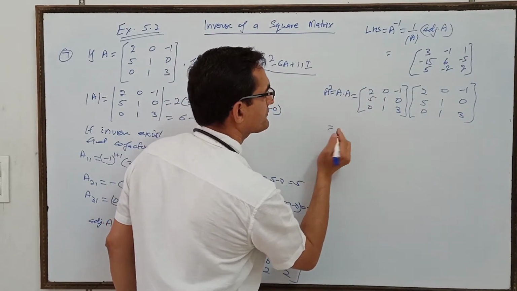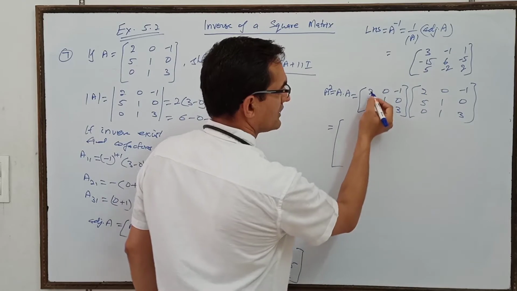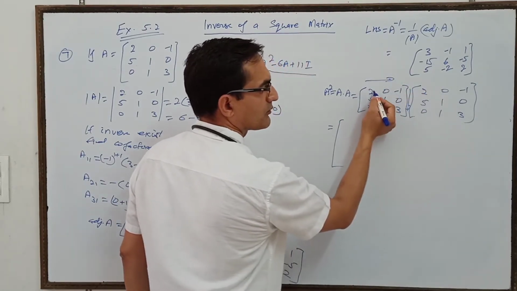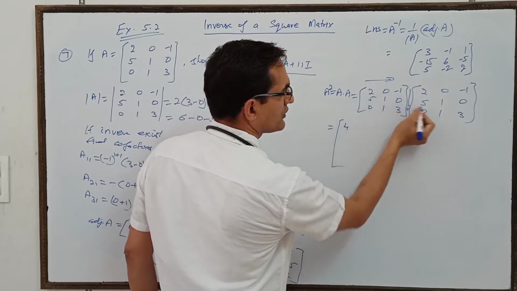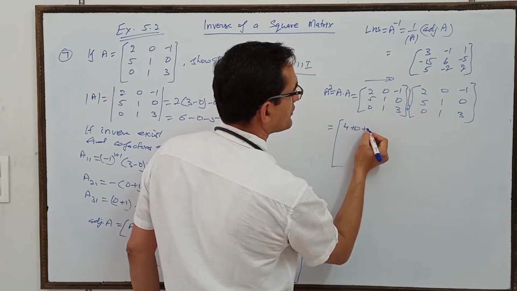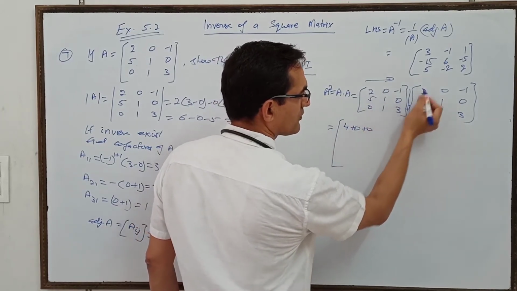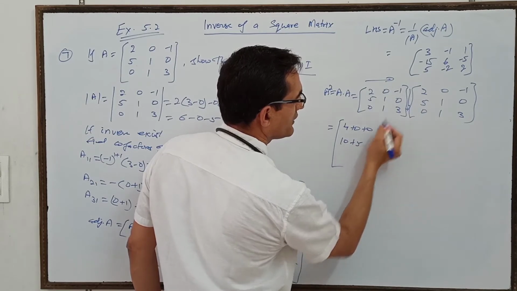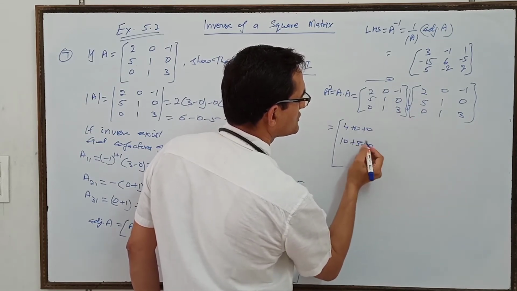So now row by column. 2 into 2 is 4, 0 into 5 is 0, minus 1 into 0 is 0. Next this row by this column: 5 into 2 is 10, 1 into 5 is 5, 0 into 0 is 0.